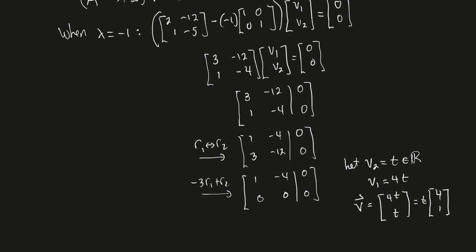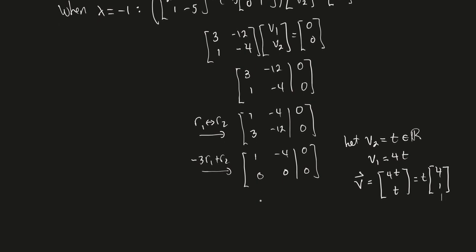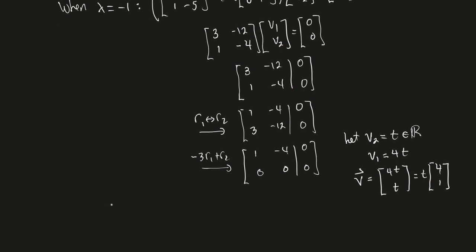So what this is saying is, not only is the vector 4, 1 an eigenvector, but any scalar multiple of 4, 1 will also be an eigenvector, right? So let's summarize this and say, when lambda is equal to -1, our eigenvector is anything of this form.